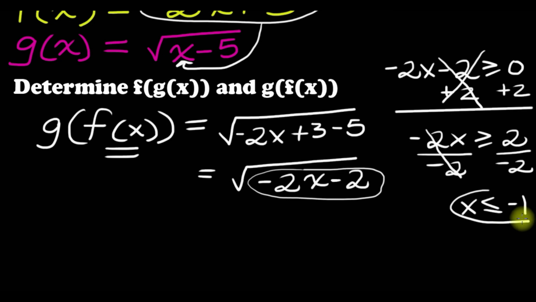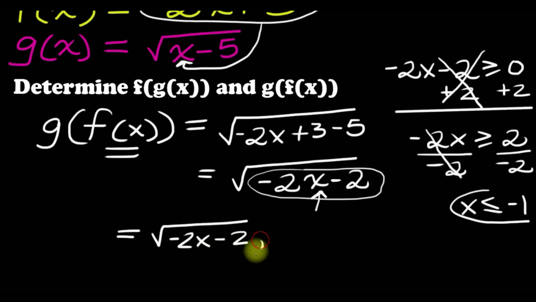So x can be negative 1, negative 2, negative 3, negative 4, and all those decimal numbers between those negative integers. So to write this out, g of f of x is the square root of negative 2x minus 2, and x has to be less than or equal to negative 1.